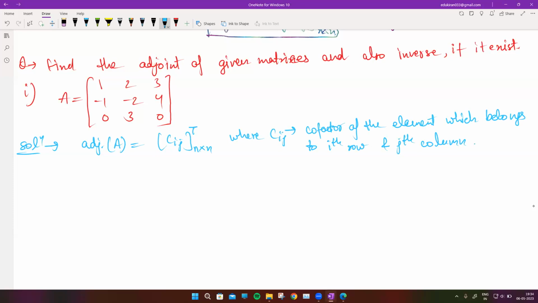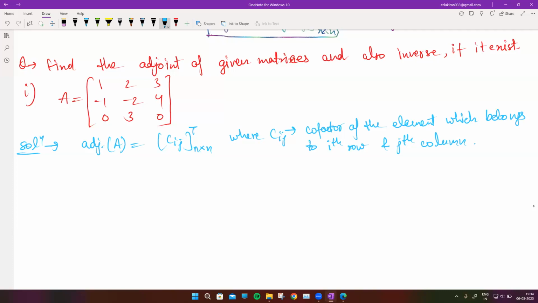So basically, we will have to find the cofactor for each element here. We'll first find the cofactor for 1, then 2, then 3, -1, -2, 4, 0, 3, 0. And after that, we will use the given formula to find the inverse.